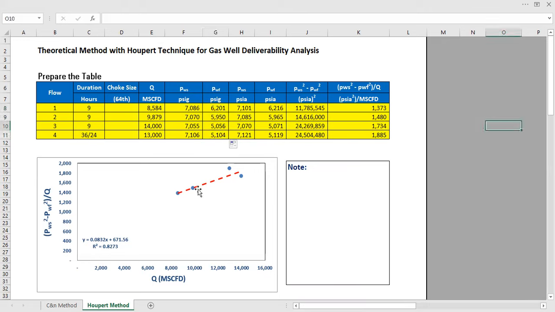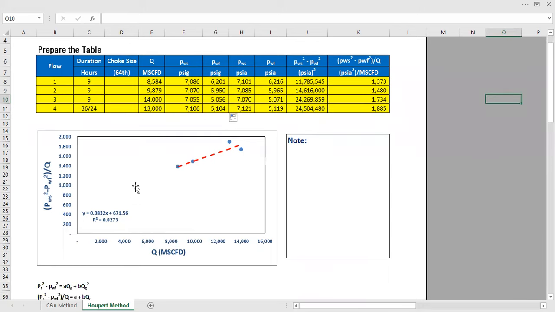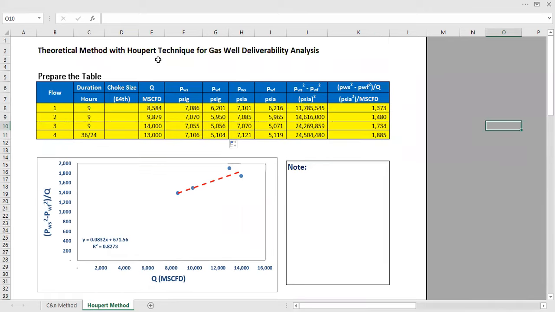And then we create this plot. So for this plot, for the horizontal axis, it's the flow rate. Okay, so this is the technique using this Houpert technique. So for the horizontal axis, we plot the flow rate in MSCFD.